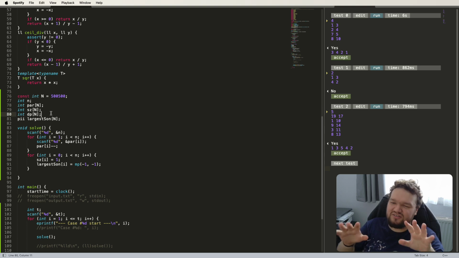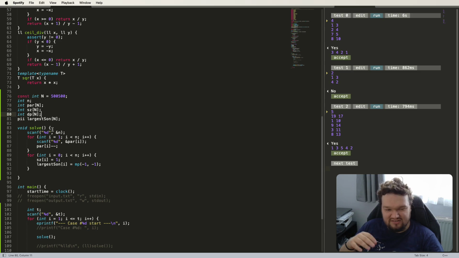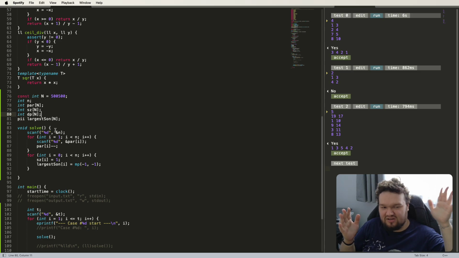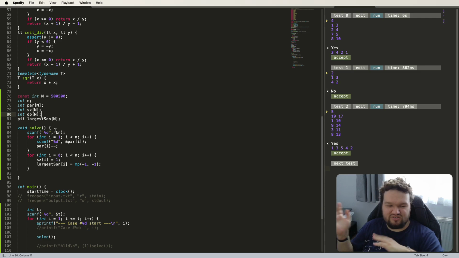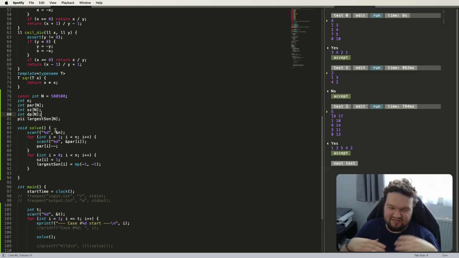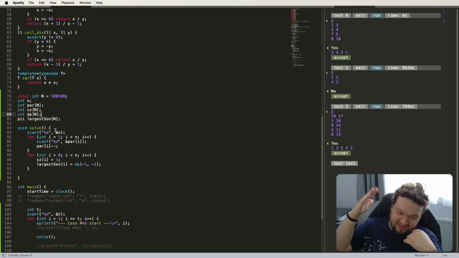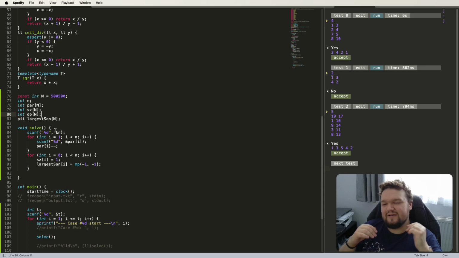Yeah, I certainly could have done it without DFS if I store the list of all the sons for all the vertices, because then you just run from larger vertices to the smaller by number, and it is going up the tree. When you process a vertex, you already processed everything below that vertex.